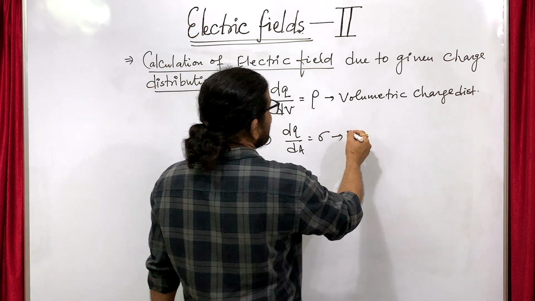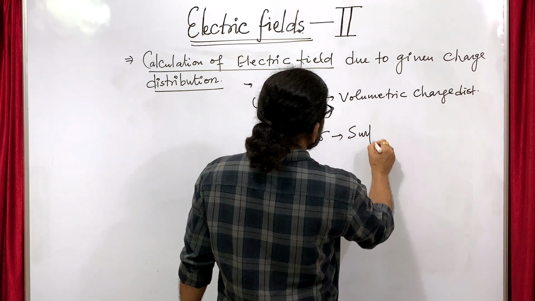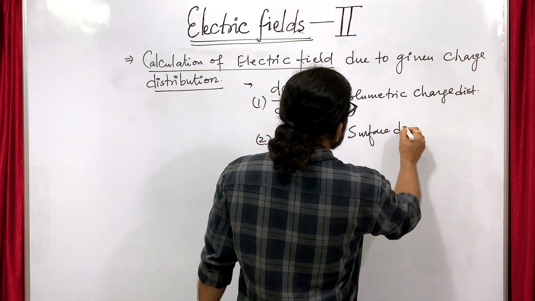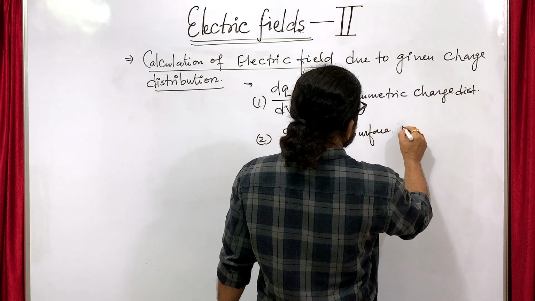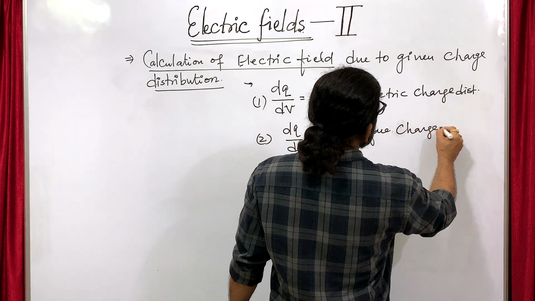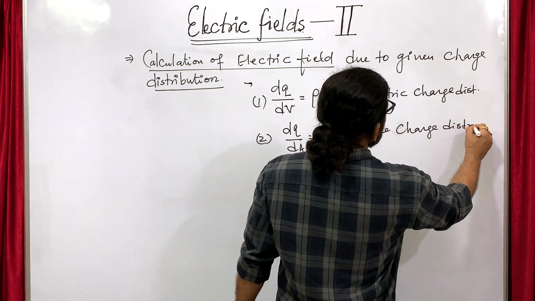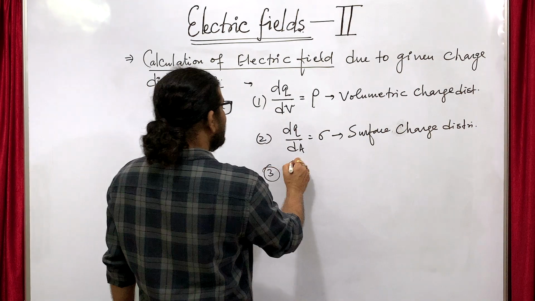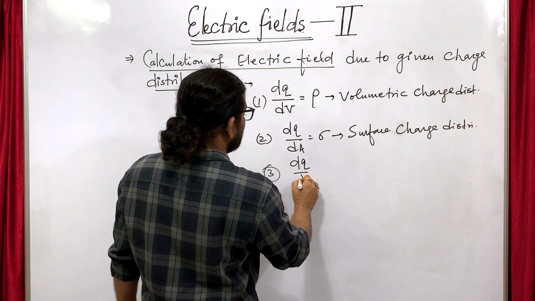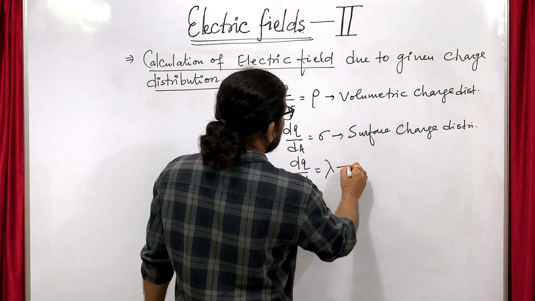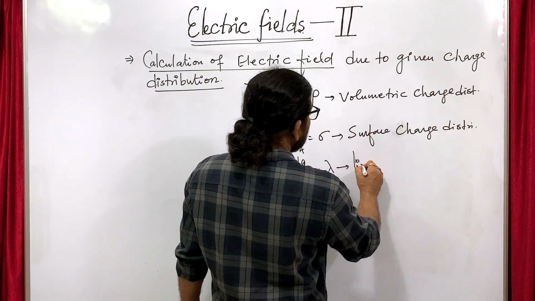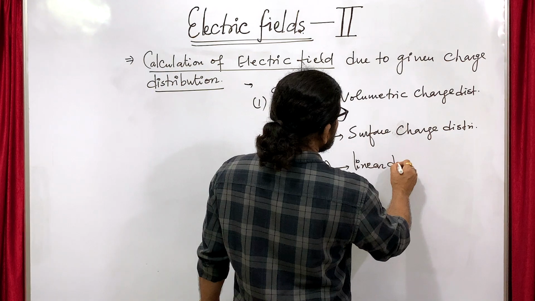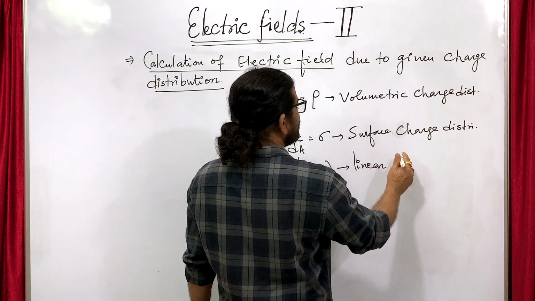This is surface charge distribution. And third is linear distribution of charge. We can write this as lambda. This is linear charge distribution.